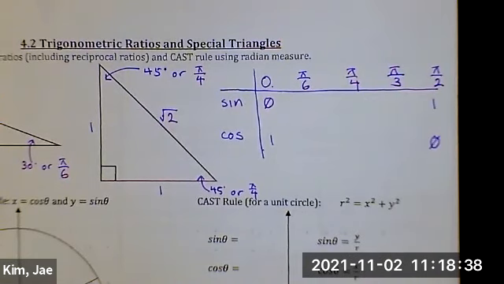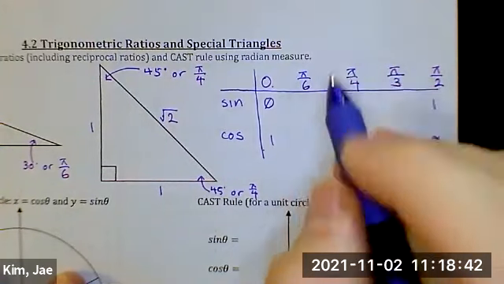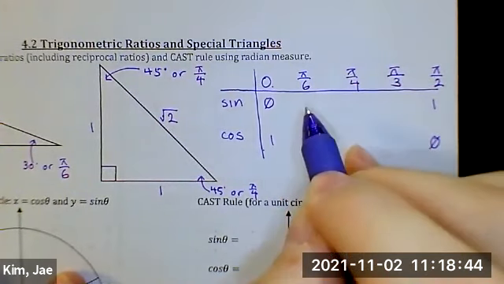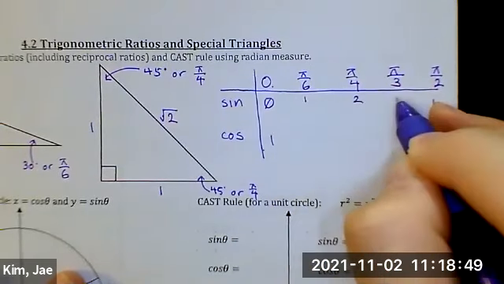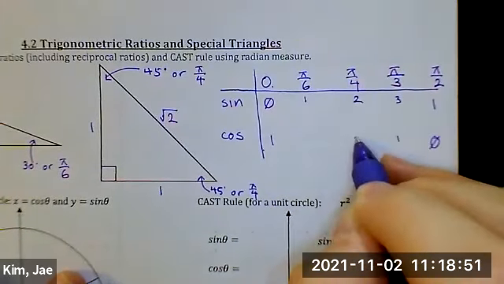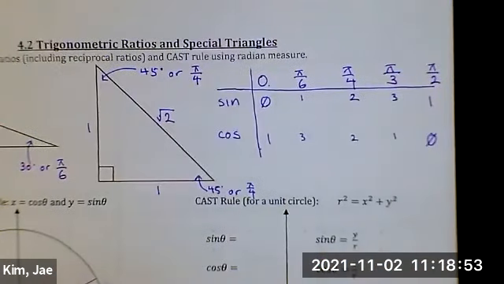Next, in small numbers, in clockwise rotation, 1, 2, 3, 1, 2, 3.